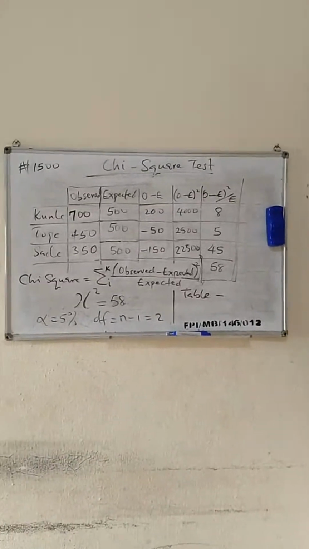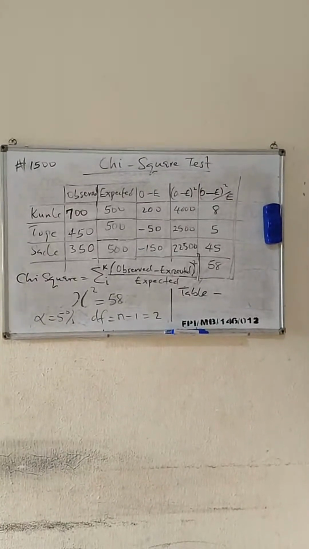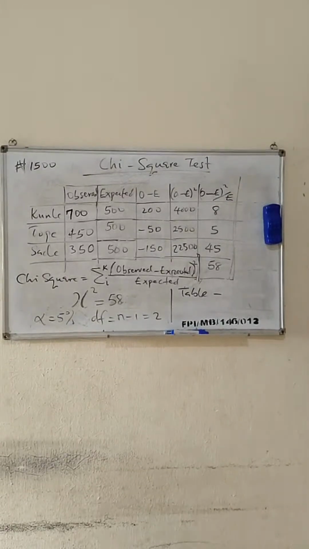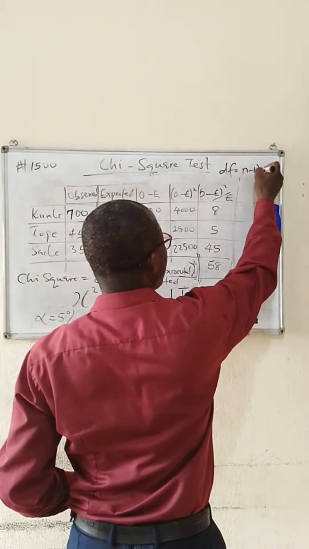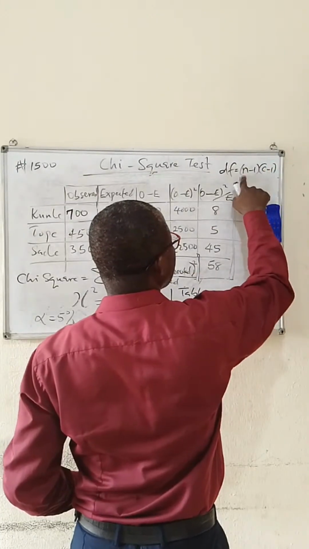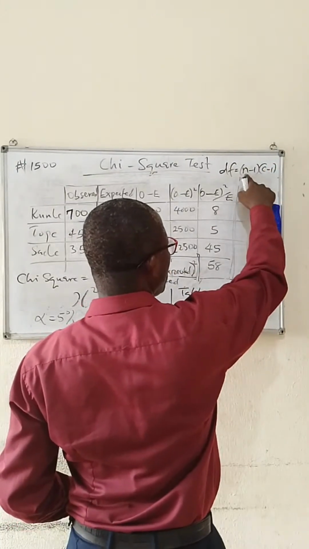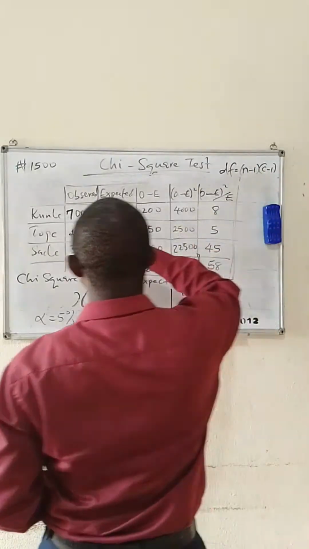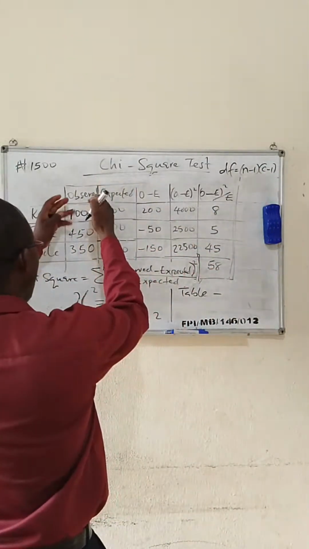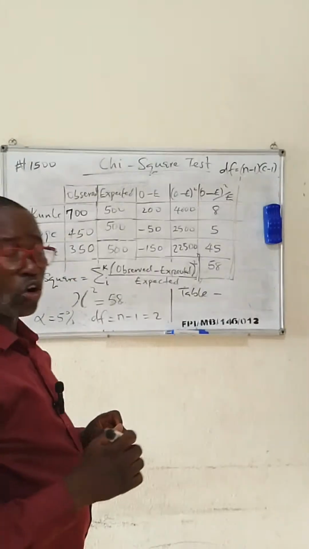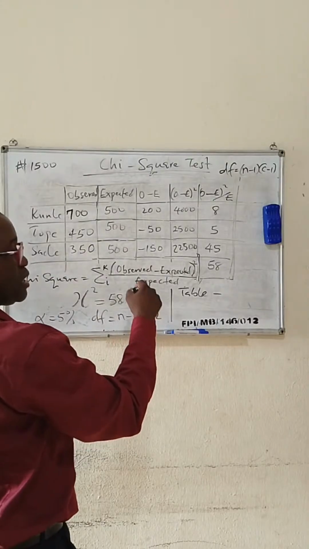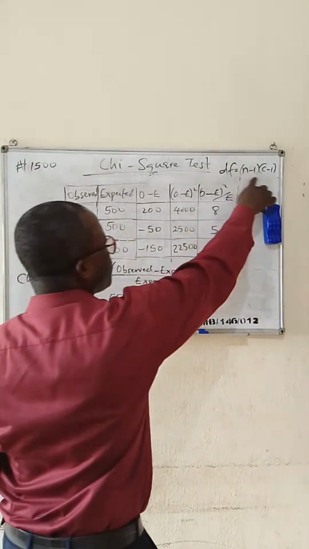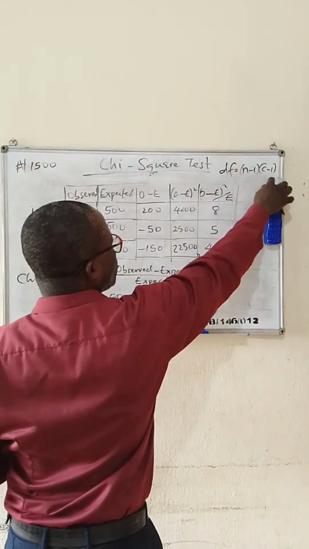Your alpha has been given, but the degree of freedom will be calculated by yourself. And it is easy to calculate, because df equals n minus 1 multiplied by c minus 1, that is, number of rows minus 1 and number of columns minus 1. In this problem we have only one row or column, and that is how I got n minus 1 equal to 2. But in a problem where we have rows and columns, we are going to have row minus 1 multiplied by column minus 1.